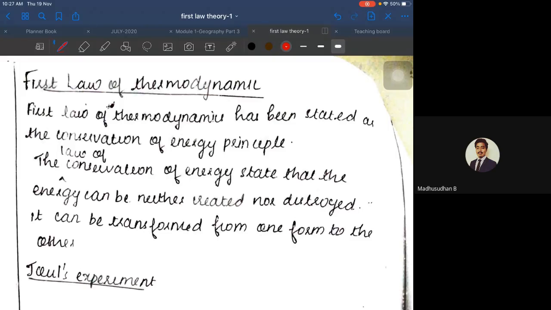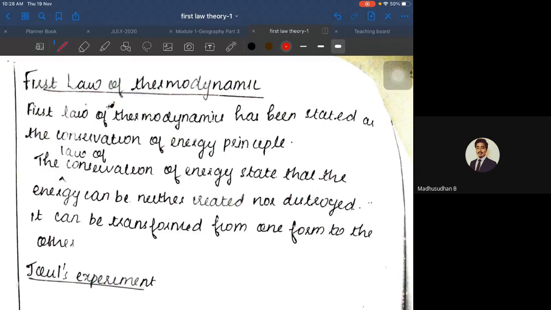Okay. So how many of you know the law of conservation of energy? This law is the most popular law. Everyone will have it at their tongue tips. It is easy to understand and easy to remember. Energy can neither be created nor destroyed. Yes, but it can be transferred from one form to the other. Exactly.